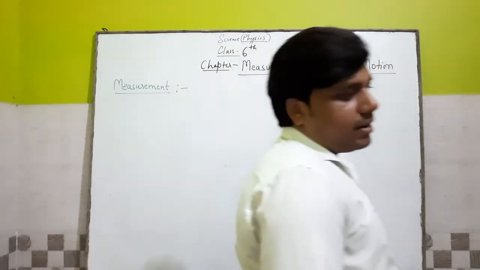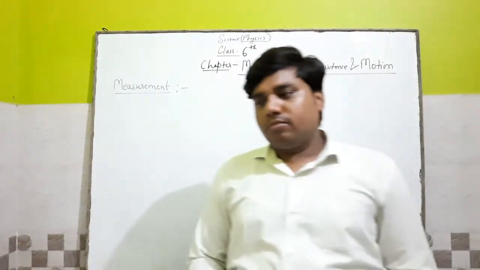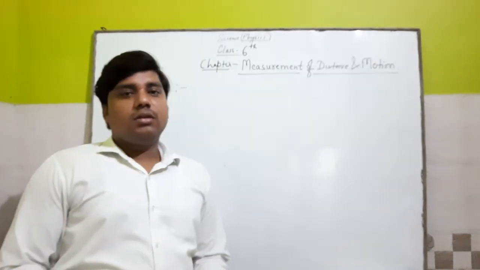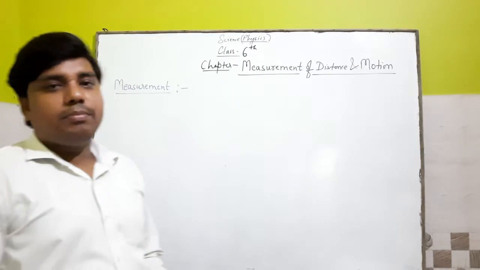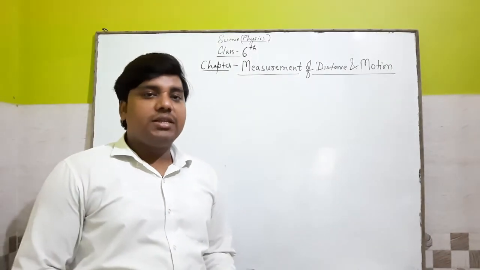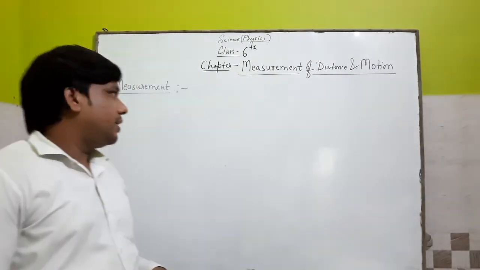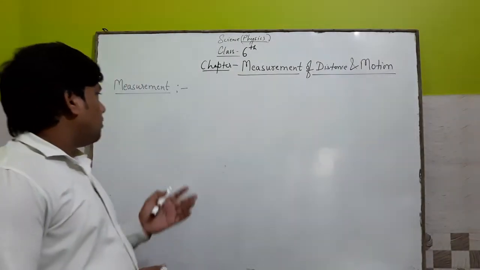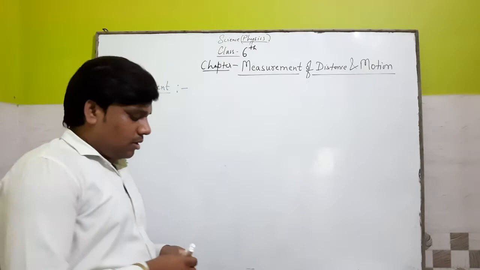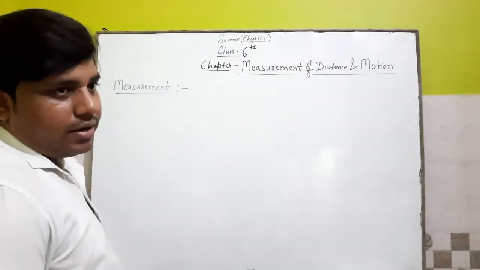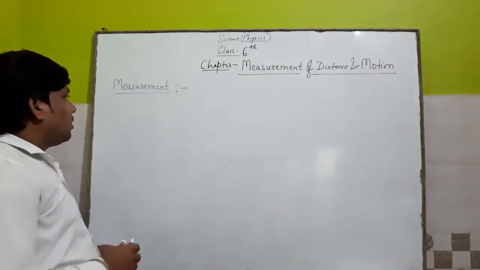Simply we can say that to measure the length, breadth and height or distance of any object, okay, that is a measurement. Simply measure the length, breadth, height and distance.